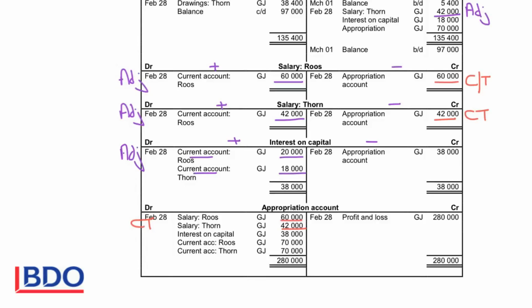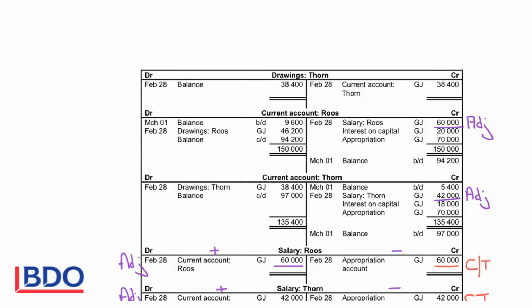So the expense is increased on the debit side and the current accounts are increased on the credit side to indicate that this money must still be paid to the partners. So therefore, we've completed the adjustment, debiting interest on capital, crediting the current account.